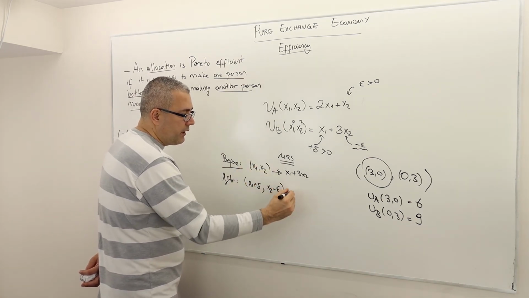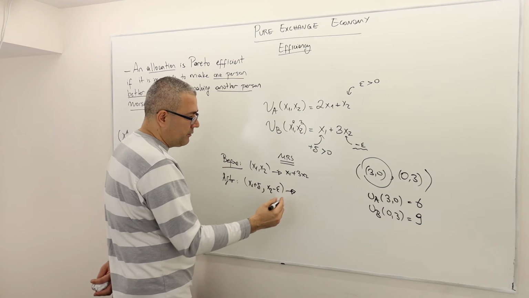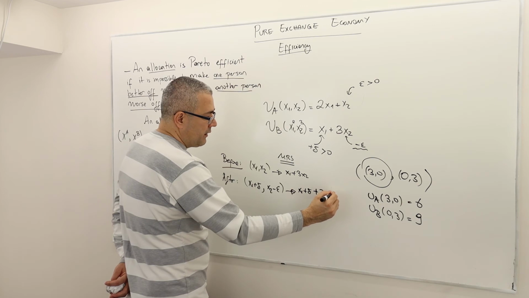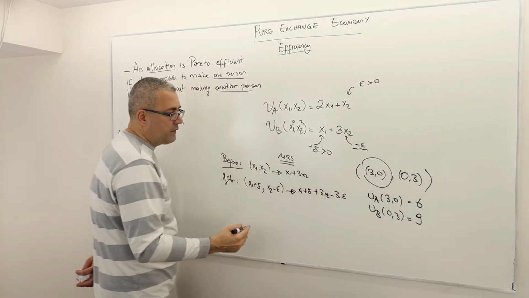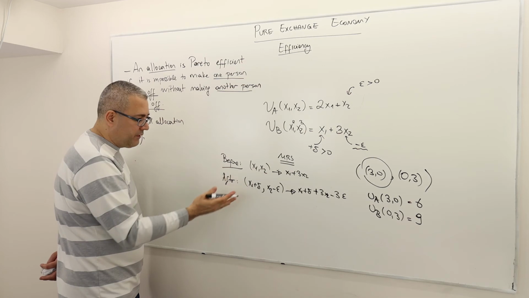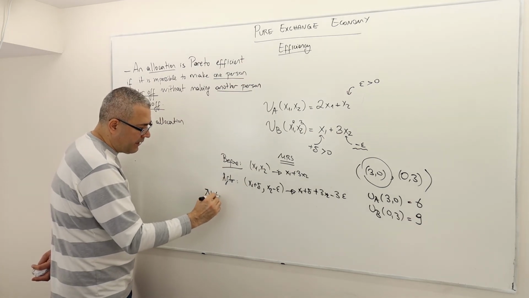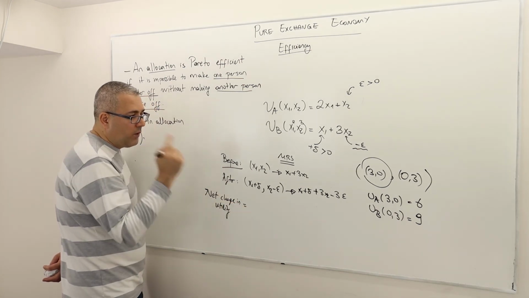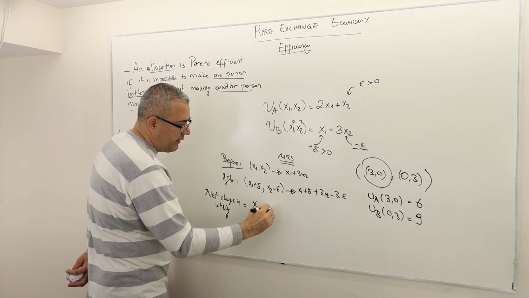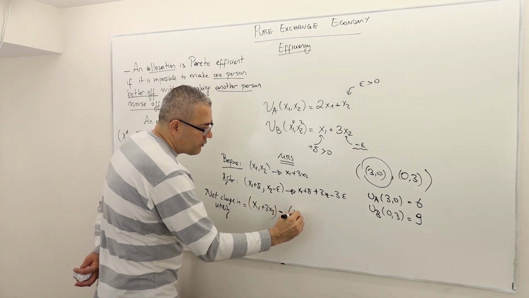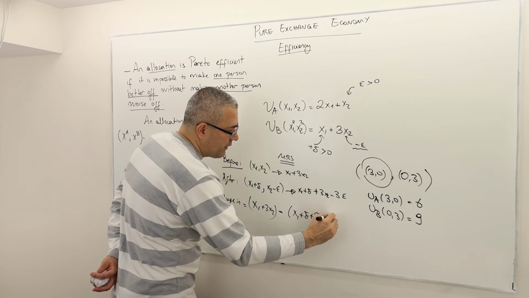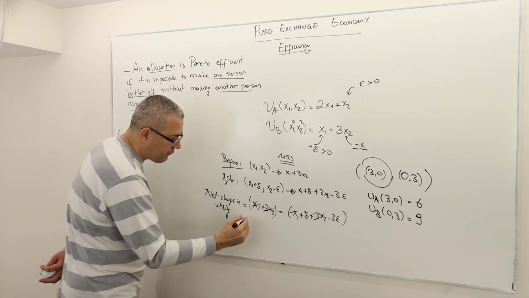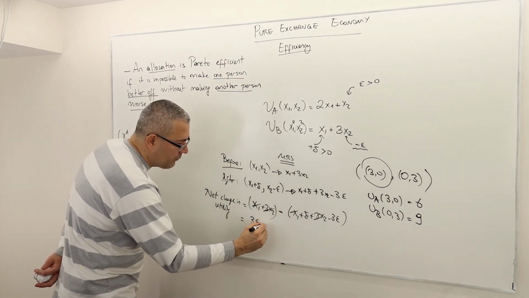What is the utility out of this consumption bundle? It's x1 plus delta plus 3x2 minus 3 epsilon. Before and after comparison, the net change in utility is x1 plus 3x2 minus x1 plus delta plus 3x2 minus 3 epsilon. If you make this subtraction, you'll see that this is equal to 3 epsilon minus delta.